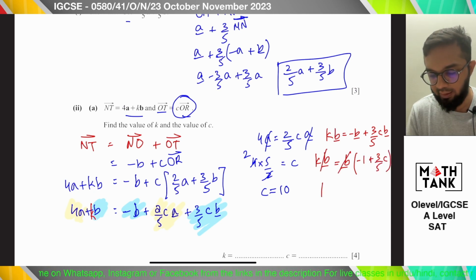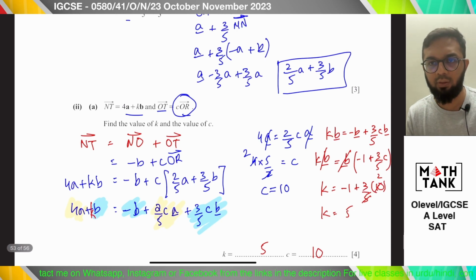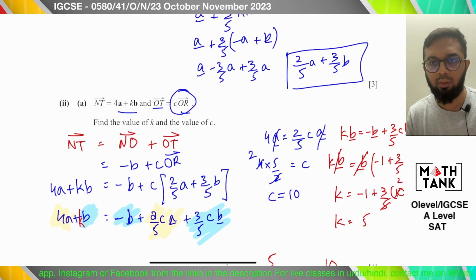So B and B cancel out. Minus 1, and I already have C. So that's 2. So K comes out as 5. So 5 and 10. This is just about comparisons if you've not seen that before. This is what comparison is about.